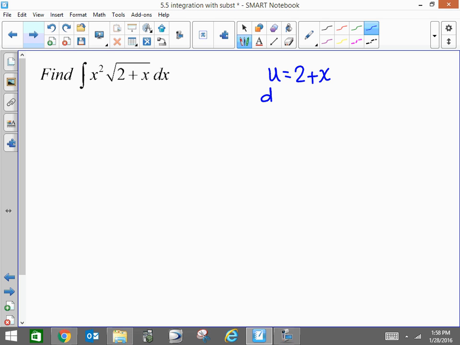So u equals 2 plus x, and du equals 1 dx. That's right. Okay, but we can fix it. Okay, this is u, right? We have dx and du just basically swap out.